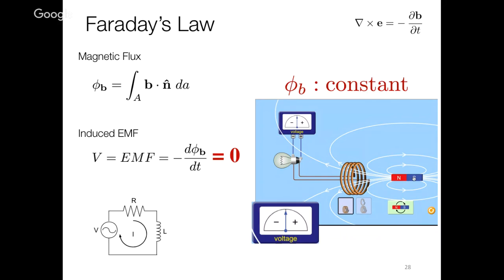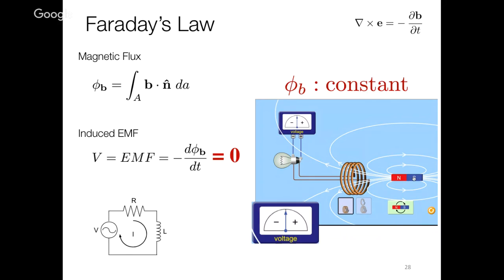If I take a loop of wire and put a magnetic field through it, and I've got a particular area A here, then the total flux, which we will call Φ_B, is the integral of B, taking just the normal component, B dot n hat, times dA.